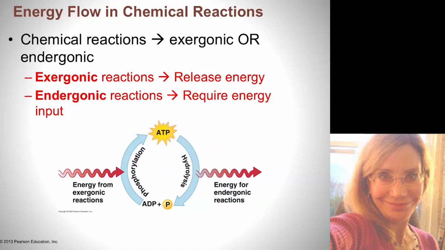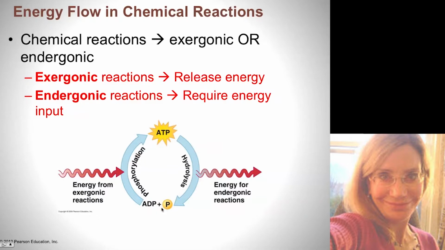Energy flow in chemical reactions. Chemical reactions are either exergonic or endergonic. Exergonic reactions release energy, and endergonic reactions require an energy input. You can see here, this represents energy released from an exergonic reaction, which will be used to drive building up ATP from ADP, adenosine diphosphate, and a phosphate group.